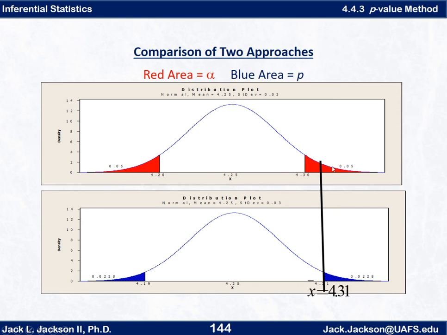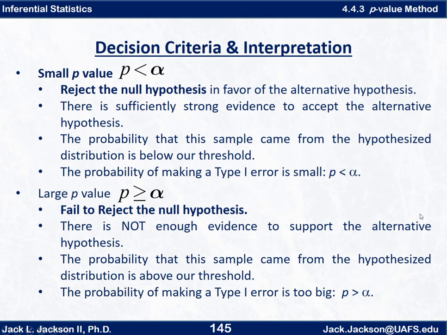The red region has area alpha, or probability alpha, and then we found the red regions, and then we looked at our x-bar to see if it's in there, or we did the same thing for corresponding z-values. Down here, what we do is we calculate these areas, these probabilities, and that gives us our p-value, and so we can just compare p-value to alpha.